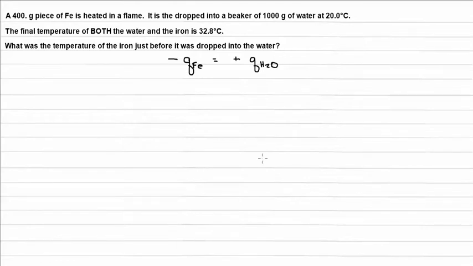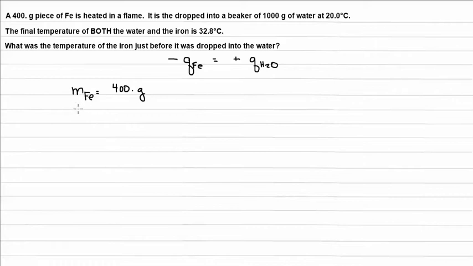Now you can see we have two sides of this equation. We need to figure out what's happening with the iron on one side and the water on the other side, and then eventually we're going to set them equal in magnitude but opposite in sign. Over here we're going to figure out what's happening with the iron. So MC delta T: the mass of the iron is 400 grams.